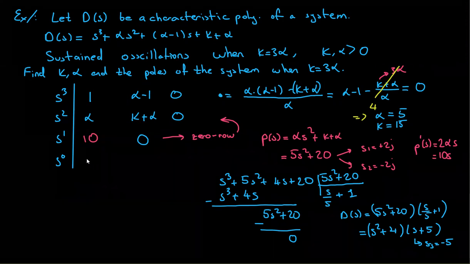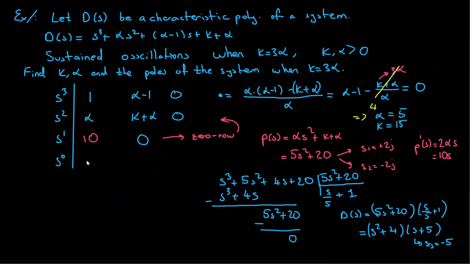And if you compute the last term over here, because of that 0 term, that K plus alpha will move here directly, right here, K plus alpha. And now I have completed the whole Routh array. Now I can inspect the first column of the Routh array.